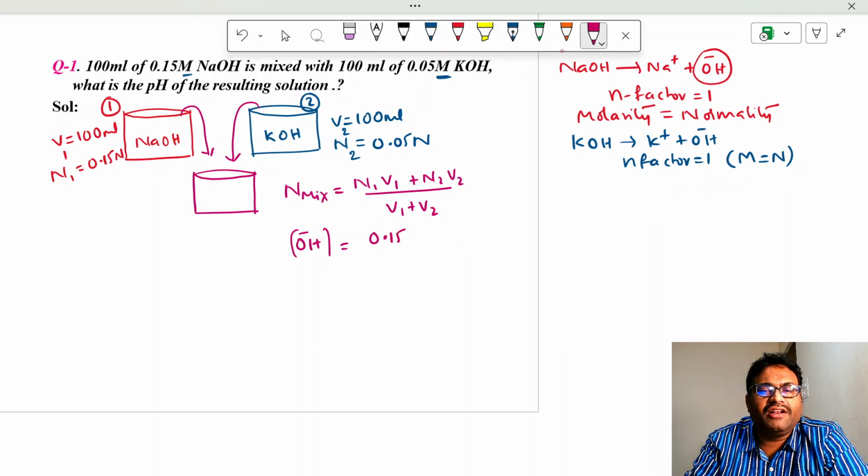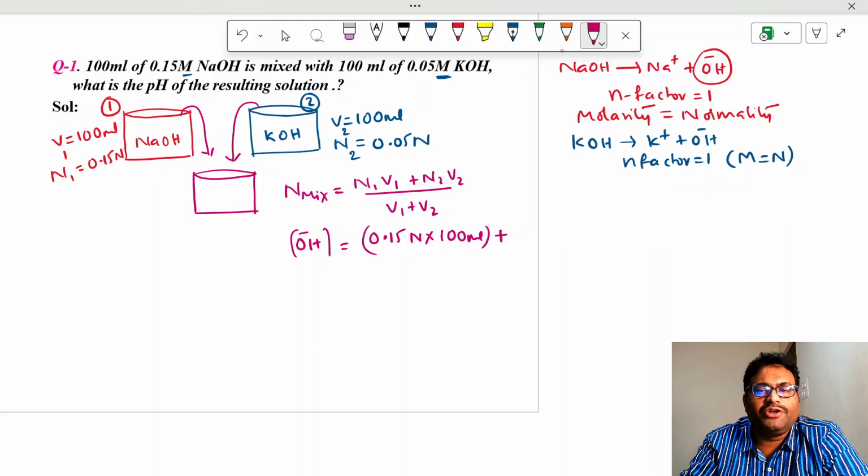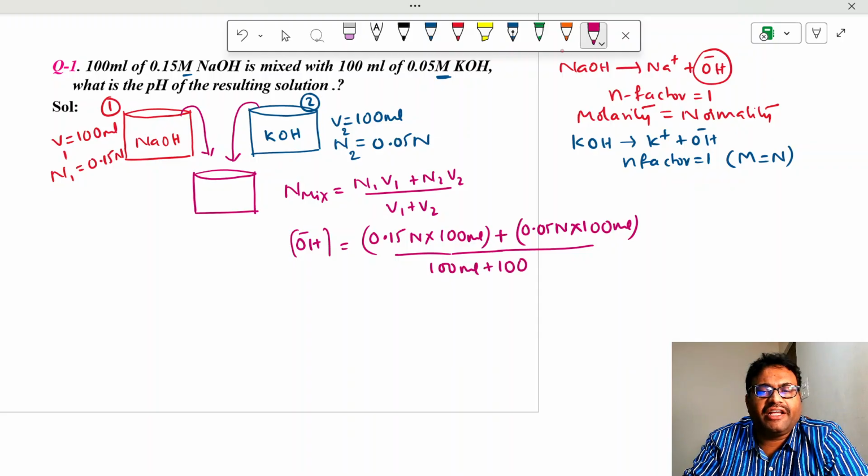N1, 0.15 normal into 100 ml plus N2, 0.05 N into again 100 ml, by 100 ml plus 100 ml. Then what do you get?